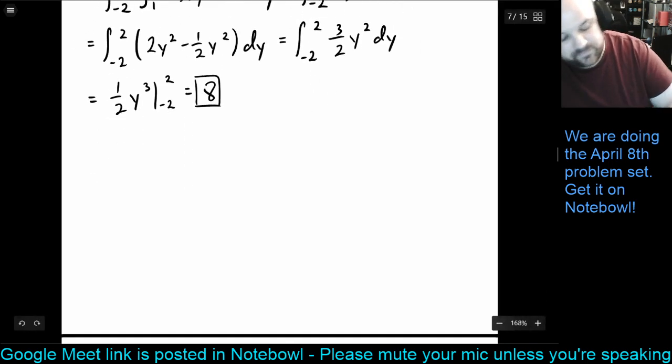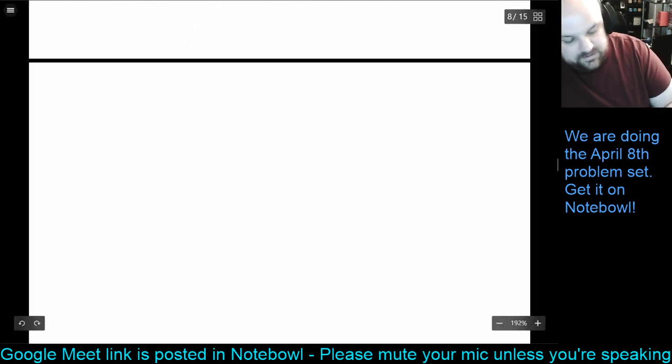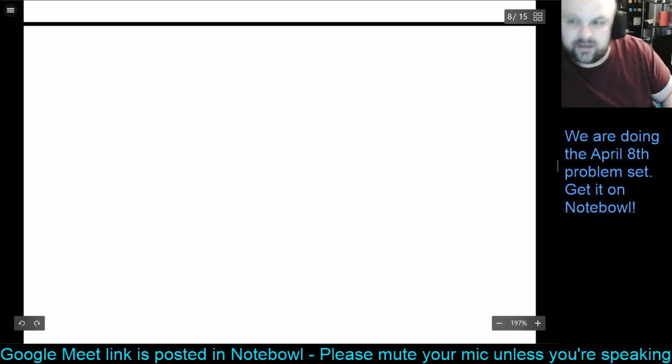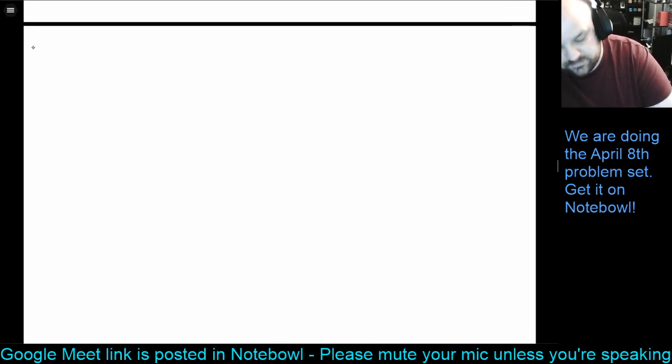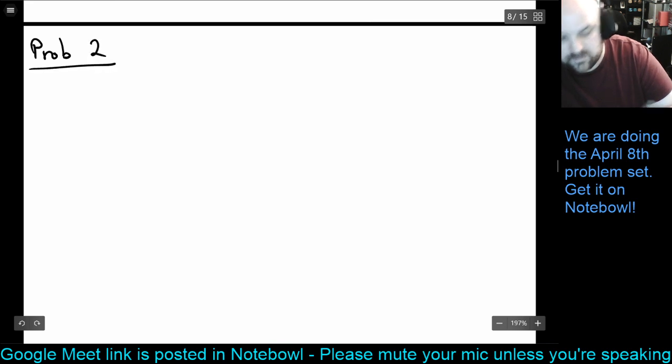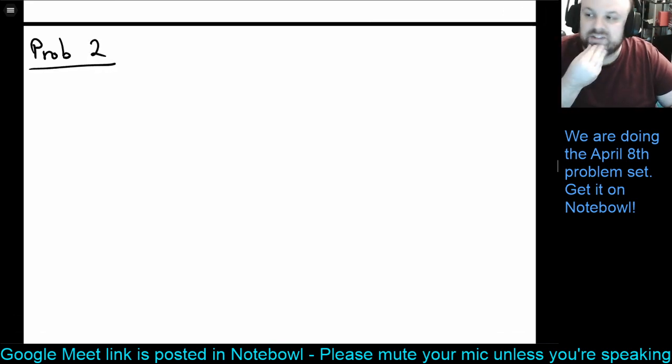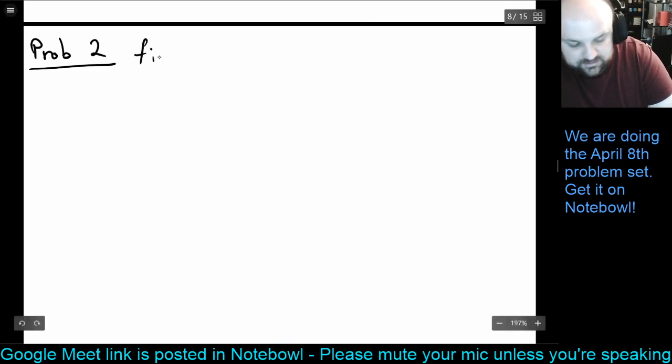Okay, so let's look at problem 2. Right, so problem 2 is we want to find the volume of a region of this prism in the first octant bounded by the planes. So let's write this down.